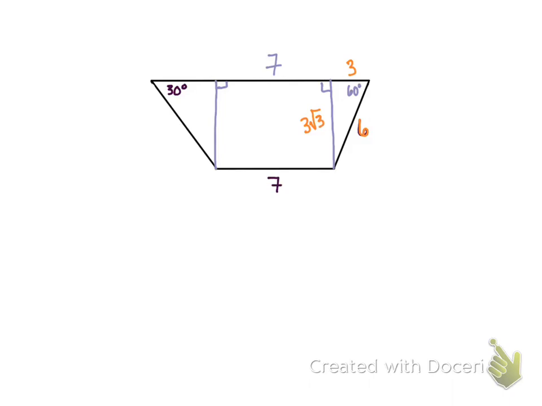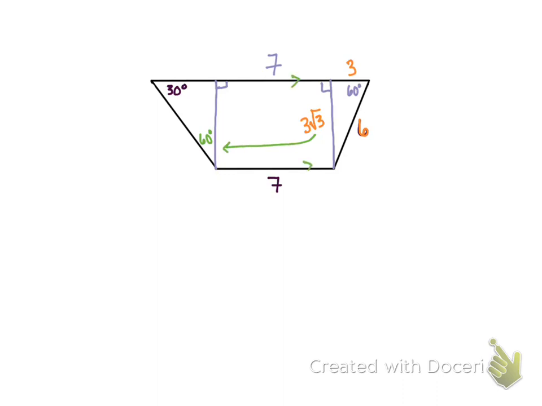Okay, let's come over to the other side and figure out what our measurement should be there. This is a 30, 60, 90 triangle also. That means that the purple line right there is technically our short side of it. And you might say, well, I have no idea how to find that. Well, we can actually bring this 3 square root of 3 over, since we know that these lines are parallel. Right?